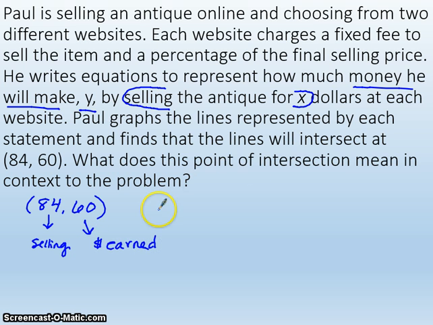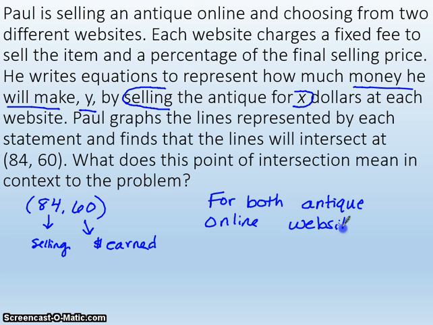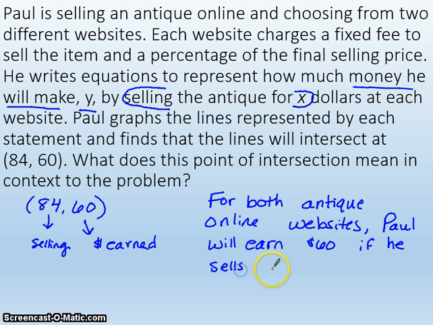So if we write that in a sentence, for both antique online websites, Paul will earn $60 if he sells the antique for $84.